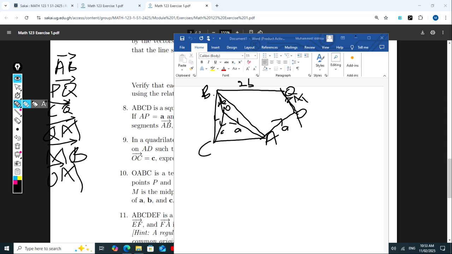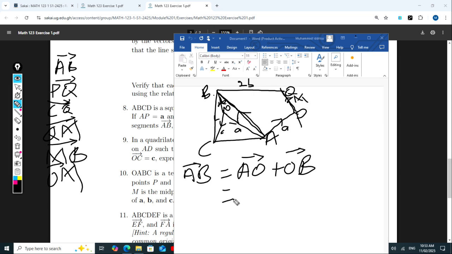So AB, from the diagram, using the triangular law of vectors, from A to B, this line will be equal to AO plus OB.